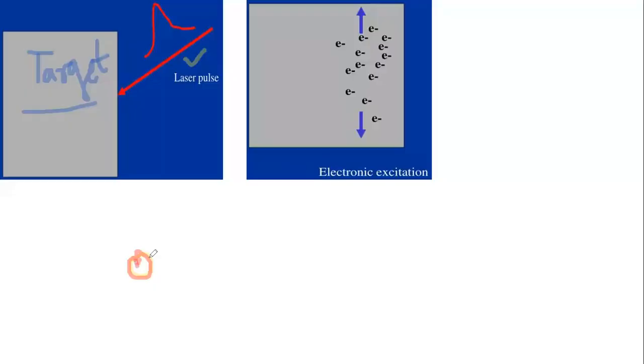Inside the nucleus there are neutrons and protons, and these are the atomic orbital shells where the electrons are present. These are the electrons in each and every atom.